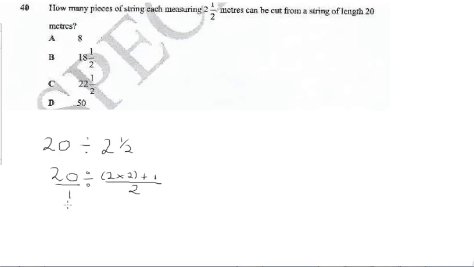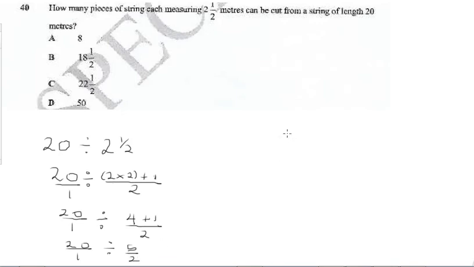So we have 20 over 1 divided by, what is 2 times 2? 2 times 2 is 4 plus 1, and this is all over 2. Then we have 20 over 1 divided by 4 plus 1, which is 5 over 2.